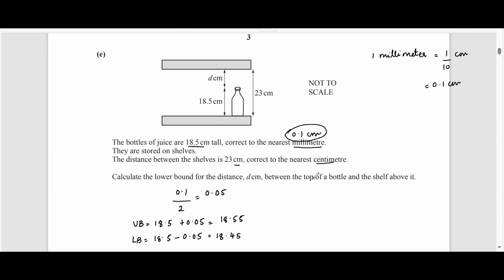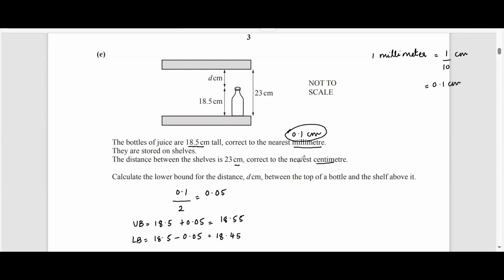Similarly, for 23 centimeters, given that it is correct to the nearest centimeter. There, we took the number nearest 0.1 centimeter, divided by 2, and then added that number to 18.5 and subtracted that number from 18.5 to get the upper and lower bound.